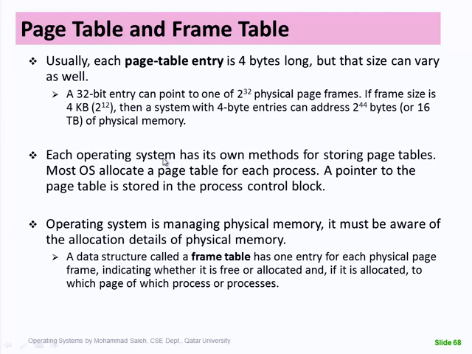Then the question is, how would I know that it has been modified or not? Will I compare them? No. There will be a bit in the page table also. Whenever a page is modified, that bit is changed to 1 to indicate that this page has been modified while it was in memory. So if it has been chosen as a victim, we look at the modified bit.